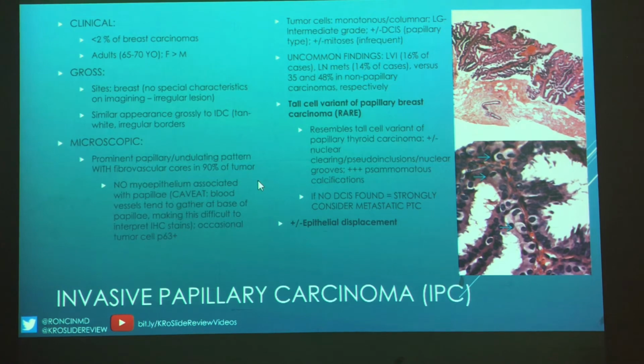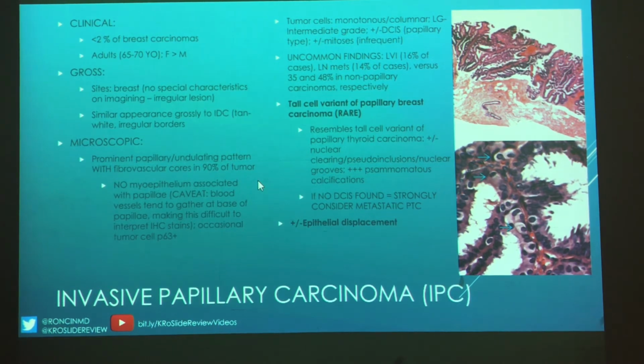It's kind of a recurring theme, right? These are older women, and you don't get anything special on imaging. It's like any other invasive lesion, with irregular borders. It might just be a density. Grossly, it looks pretty much the same as IDC, tan white if you're lucky, firm if you're lucky. If you're really lucky, you'll find that clip right away.